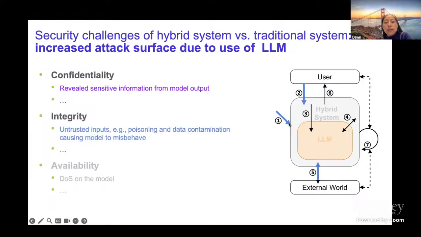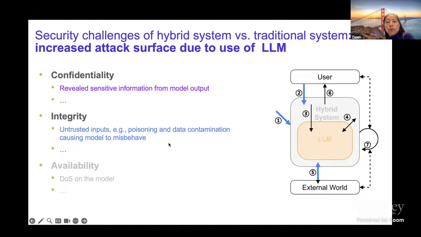And secondly, for integrity, the prompt to the LLM can utilize untrusted data from the user or from the external world, and also the model itself may come from the external world, like from a supply chain, and all of these can be untrusted sources and can cause the model to misbehave.